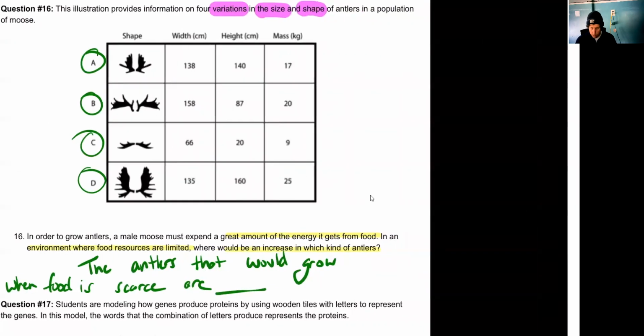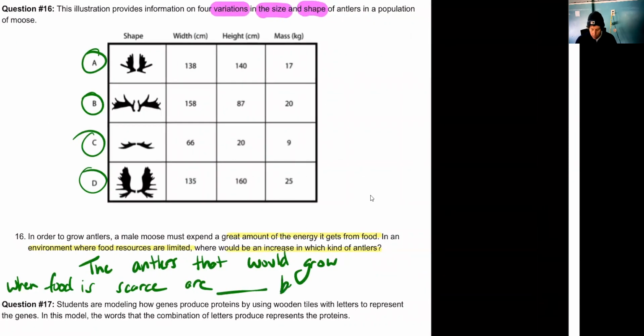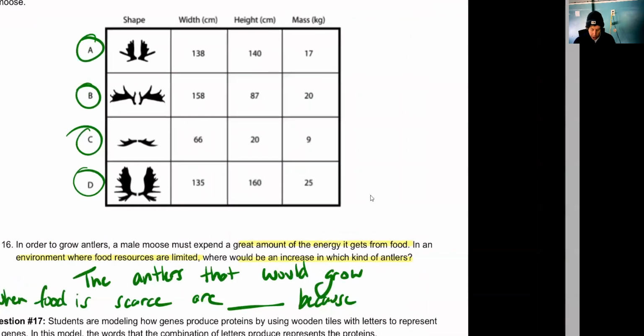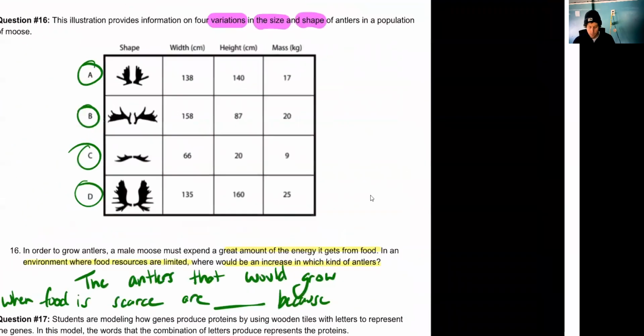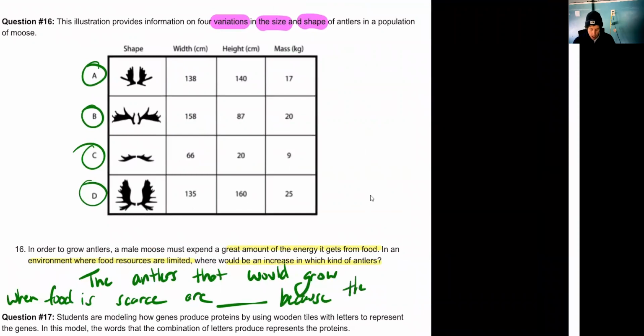So A, B, C, or D, because we're going to try to grow antlers that don't take a lot of energy. That's our because, that's what we're looking for. They do not need much energy.